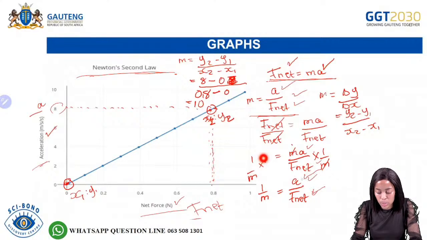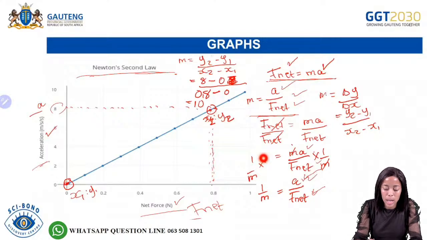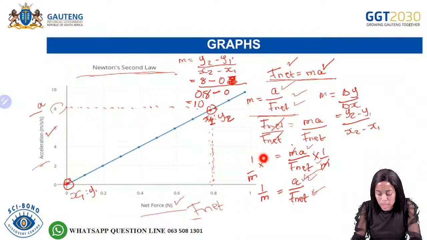So in this case, it means that the acceleration is represented by your y2 minus your y1, and the F net is represented by your x2 minus your x1. So that is why we then went and said 8 minus 0 and 0.8 minus 0.